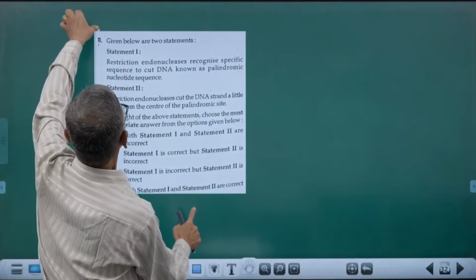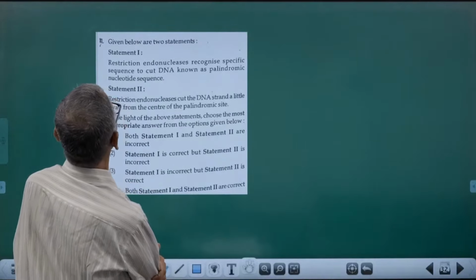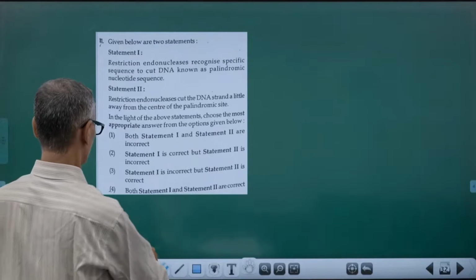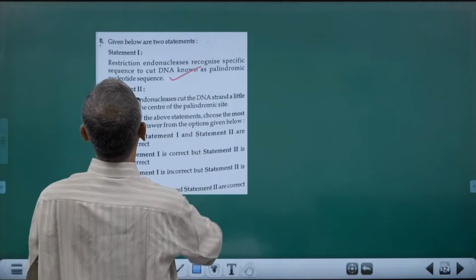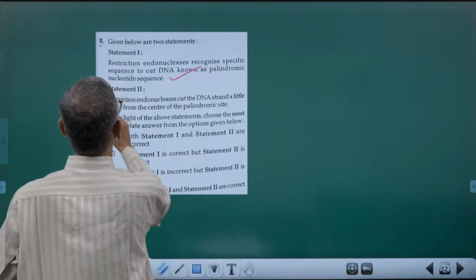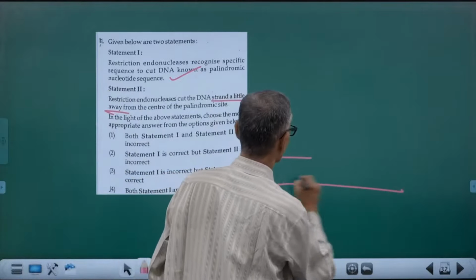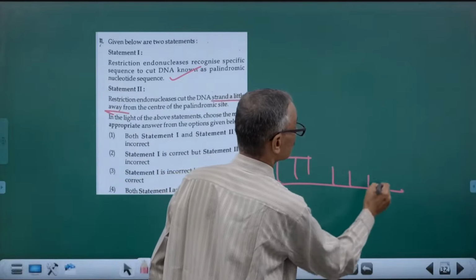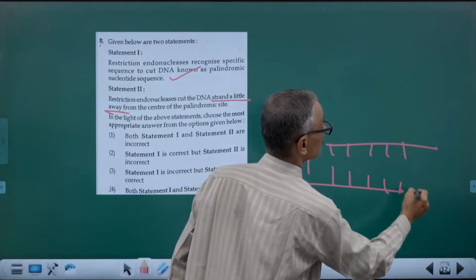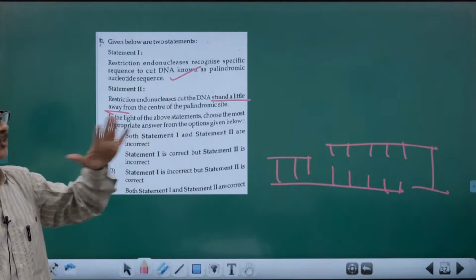Again, statement questions. Restriction endonuclease recognizes a specific sequence to cut DNA, known as a palindromic nucleotide sequence. Restriction endonuclease cuts the DNA strand a little away from the center. That is why you are having staggered end cuttings.